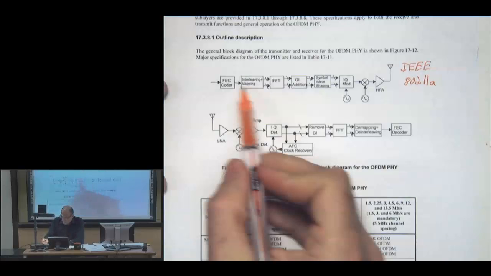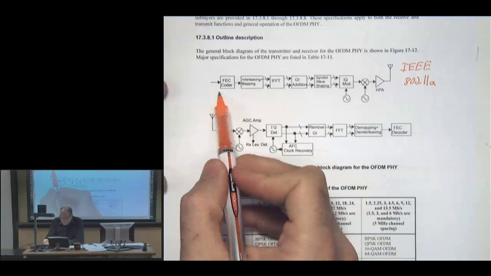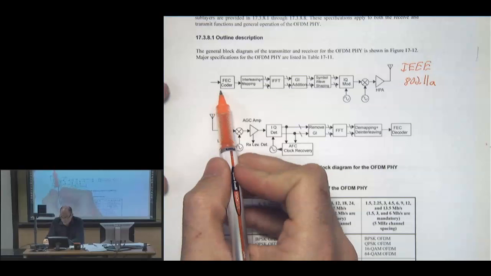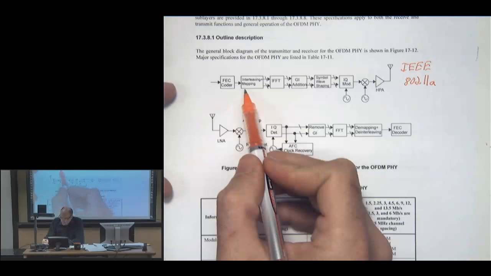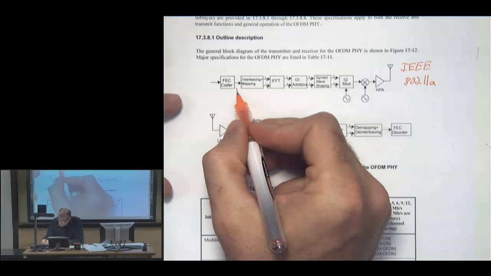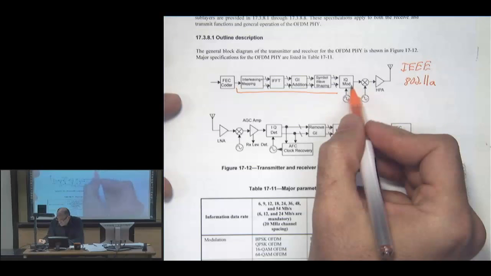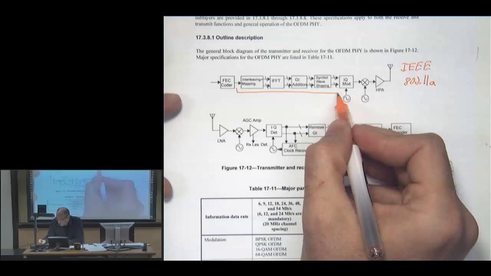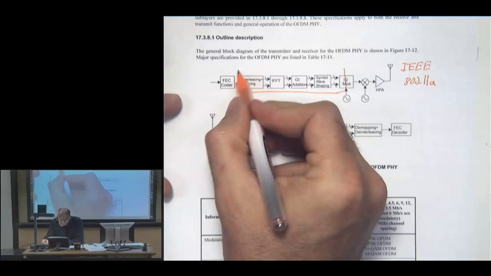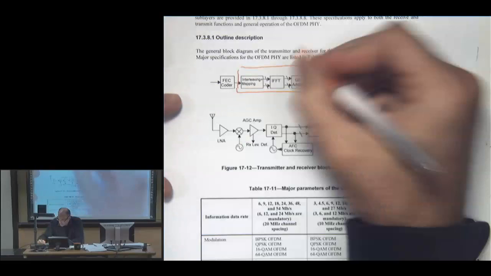And so what you see here is this FEC, this is forward error correction, so that's actually the encoding block. And then all of these things here, essentially, this sort of half of it, the way they've drawn it here, basically corresponds to what you could think of as being modulation.